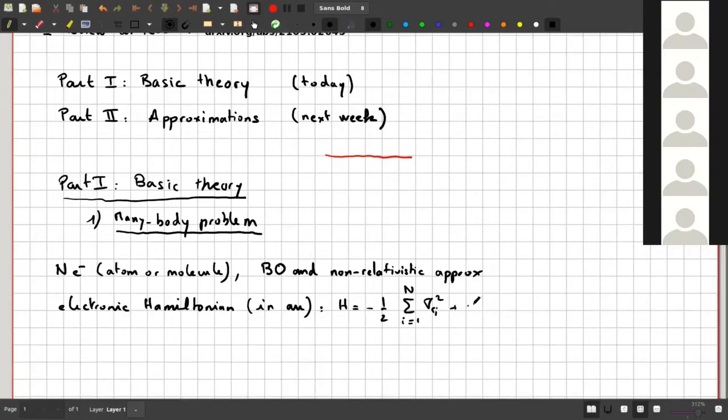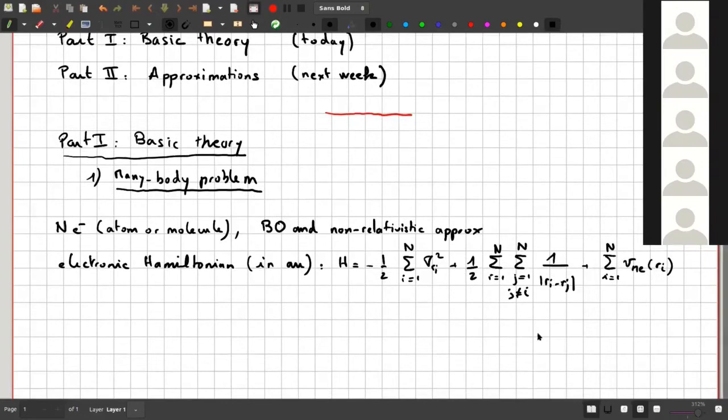Then I have the Coulombic electron-electron repulsion: I sum over i, sum over j, with j different from i, of the Coulomb interaction. And I have the external potential, which is the nuclei-electron potential: the sum over the electrons of the nuclei-electron potential at the coordinate r_i.